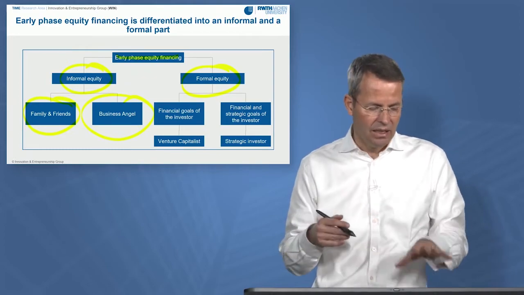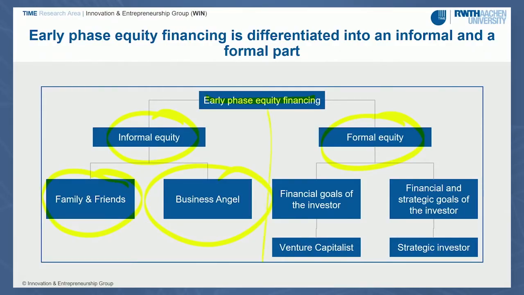And by the way, this difference between informal and formal has consequences, and this is an important thing to understand in playing that startup CFO role. The other side is formal equity, and formal equity is basically a fund structure, and that could be a financial fund structure or a financial plus strategic. So a pure VC or a strategic investor having that formal equity fund.